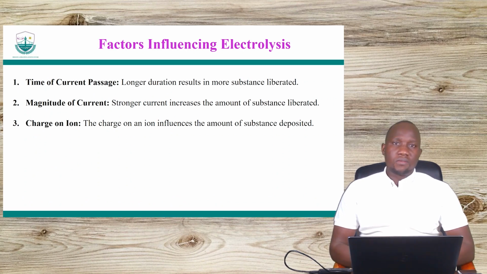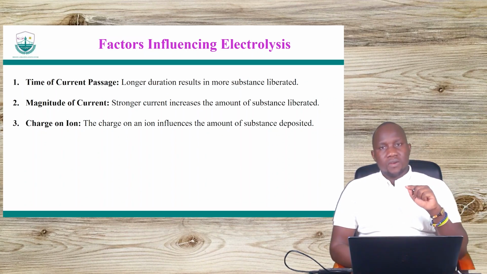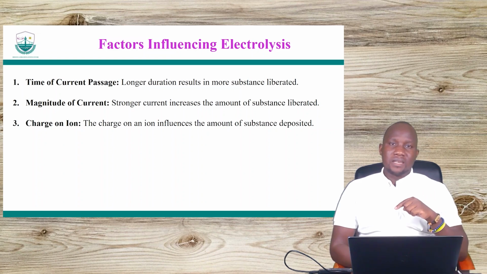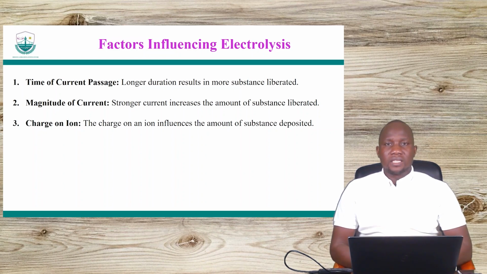We already know that in electrolysis we pass electricity, and that electricity makes some reactions happen. Passing electric current through an electrolyte, you're going to have reactions happening. These reactions are not spontaneous.